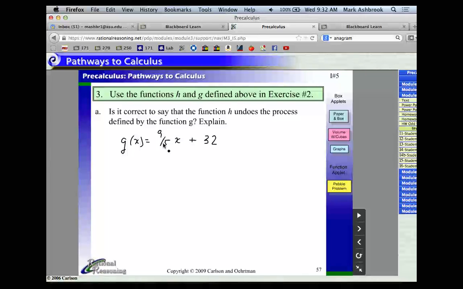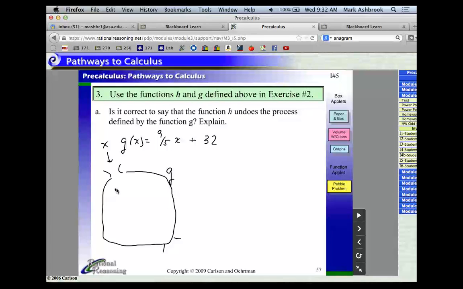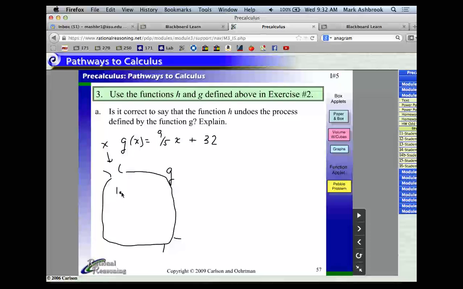Is it right now? Okay, so we'll make this machine here, and make it plenty big. We're going to put x in, and now we're going to actually break down the guts of this thing. This is the g machine. So you put x in. What happens first to the input?